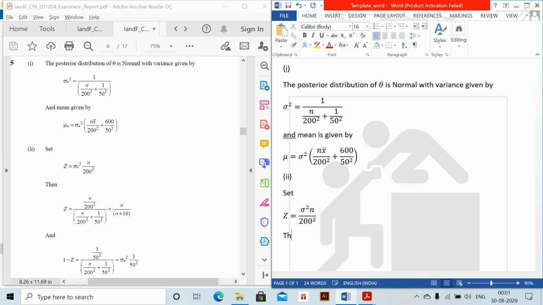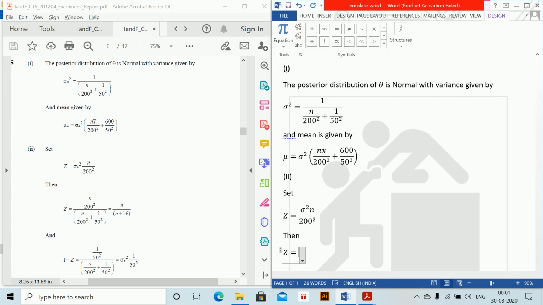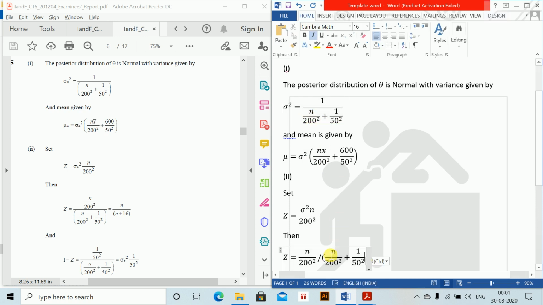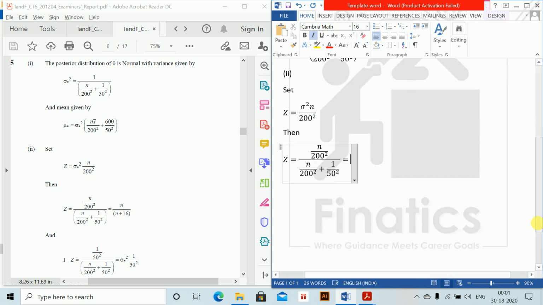Then z is equal to n by 200 squared divided by, so I'll just copy and paste this instead of writing the same thing. So this is there, come down, which is equal to n by n plus 16.